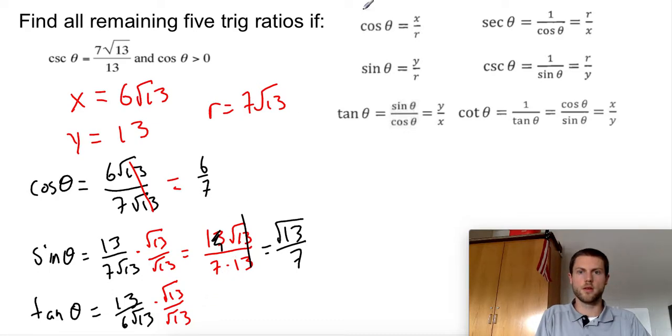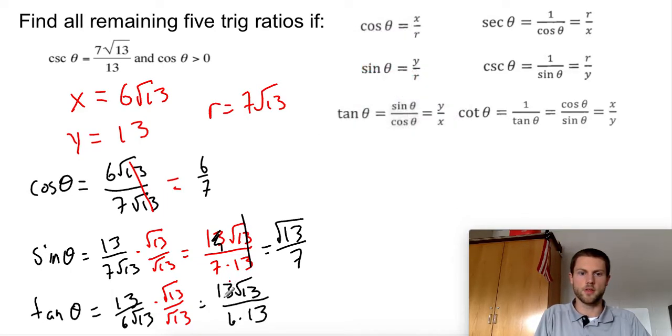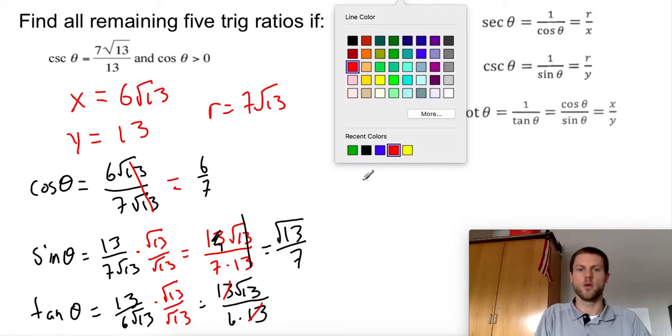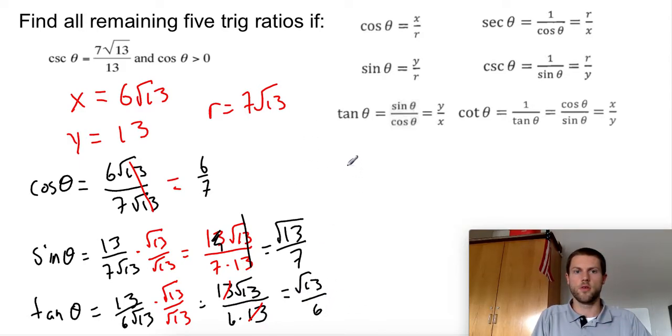So I get 13 root 13 over 6 times 13. And this time I'm going to do it right and cancel out the right thing. Let's cancel out this 13 and this 13. So the tangent of theta is going to equal root 13 over 6. Almost there, 3 out of 6.